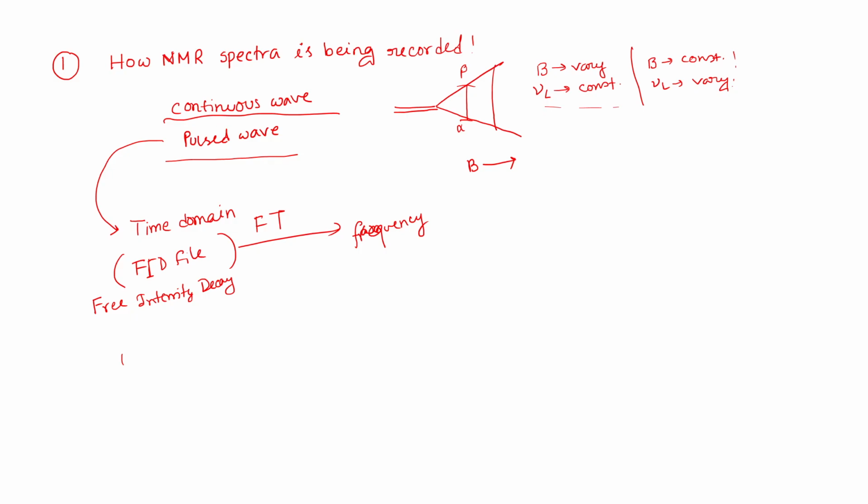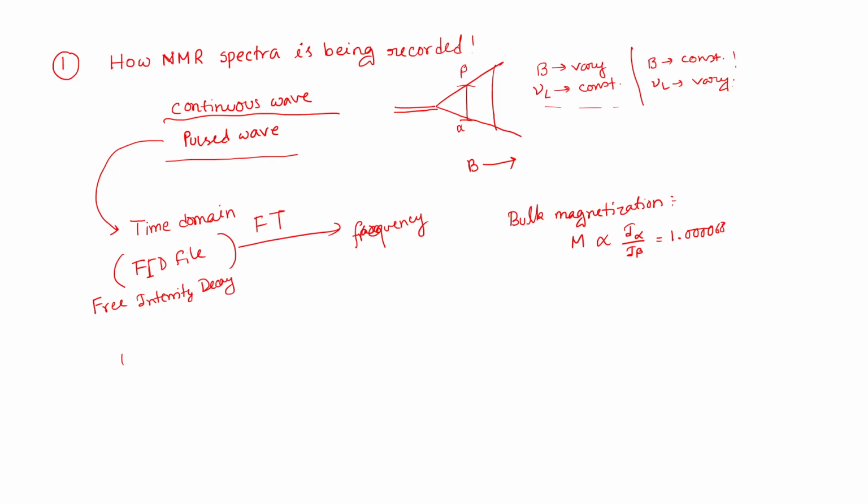Now you have also learned how to record the NMR spectra, that what is bulk magnetization, right? You have learned that when a magnetic field is given, based on the population of alpha and beta, it is going to be dependent on the I alpha by I beta ratio.